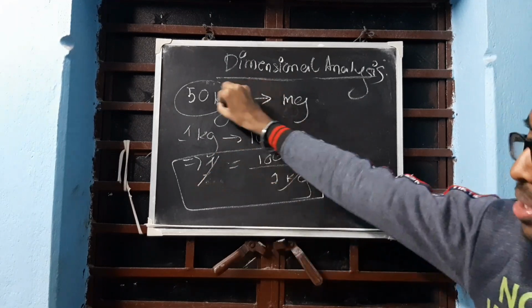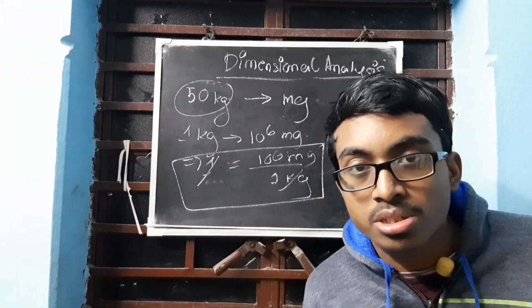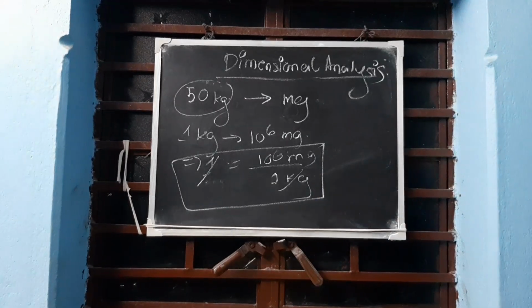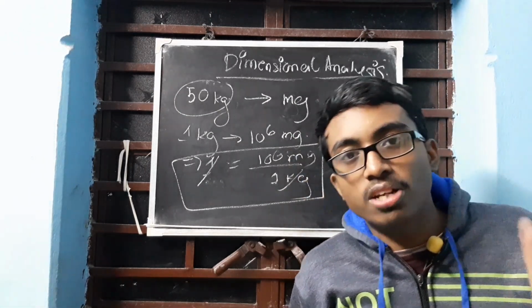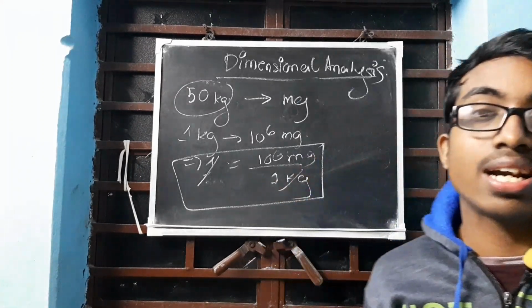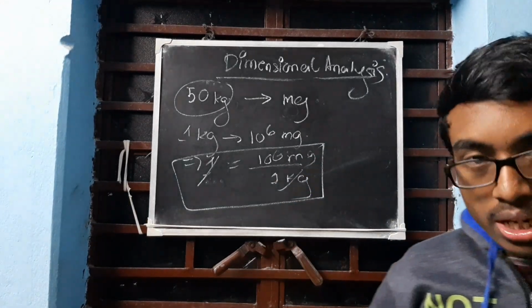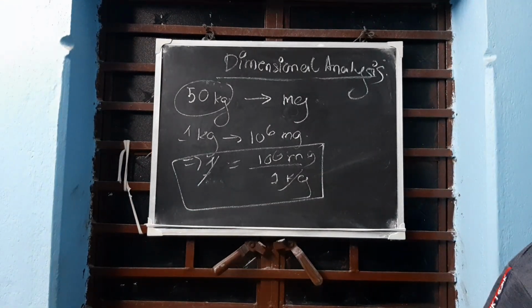Remaining will be this into this. Clear? So in dimensional analysis, you do not have a chance of making any error. If you make an error, you will get to see the error. You need to write the conversion factor first, then multiply or divide, whatever you want to do. Understood? This is dimensional analysis.